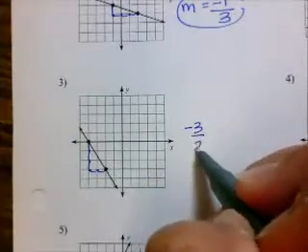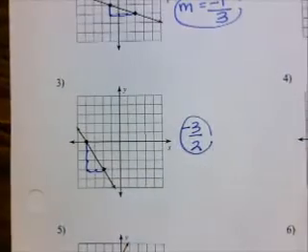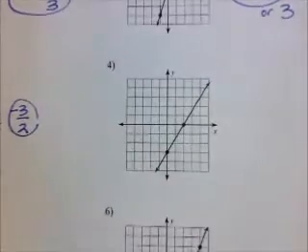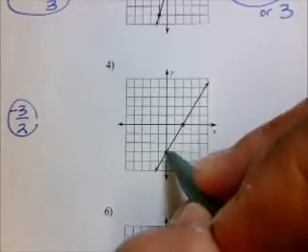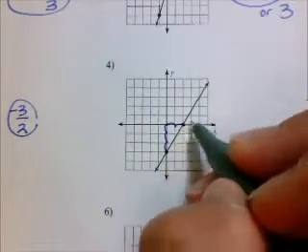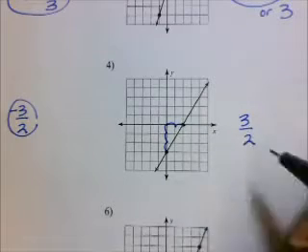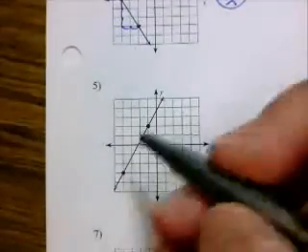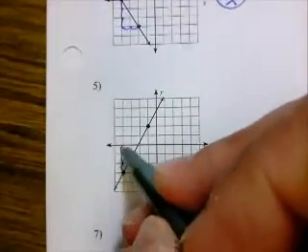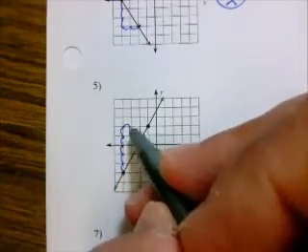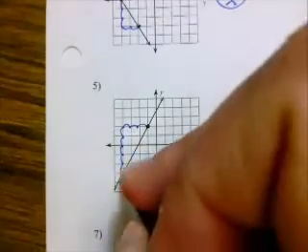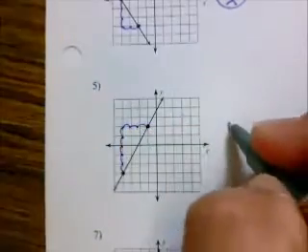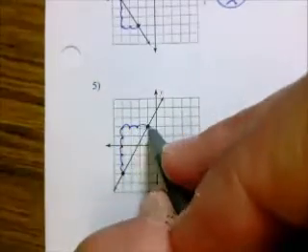So down 3 over 2. This one is up 1, 2, 3 over 1, 2. Number 5, up 1, 2, 3, 4, 5 over 1, 2, 3.